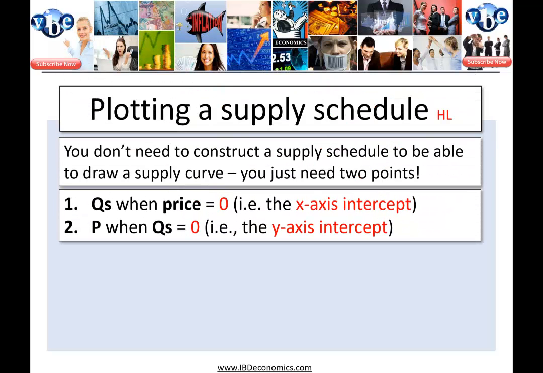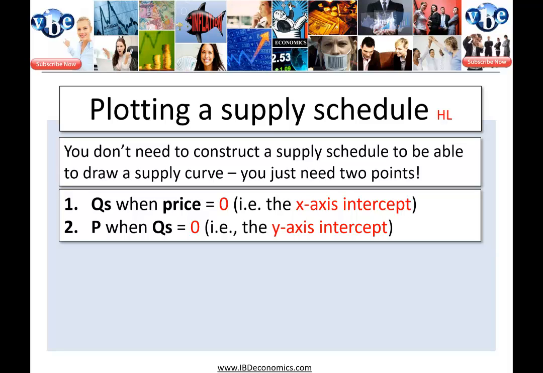Right, just like with plotting a demand schedule, we don't need to construct an entire supply schedule to be able to draw the supply curve. Again, we only need the 2 points, x-axis intercept and the y-axis intercept, where the supply curve cuts the x-axis and the y-axis.